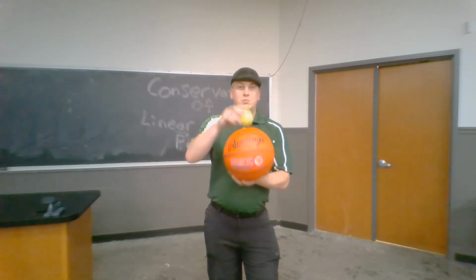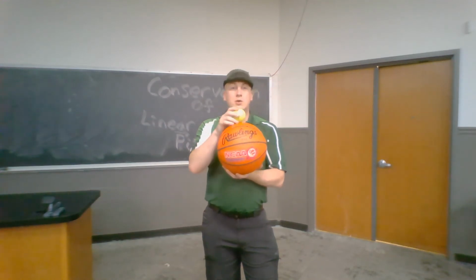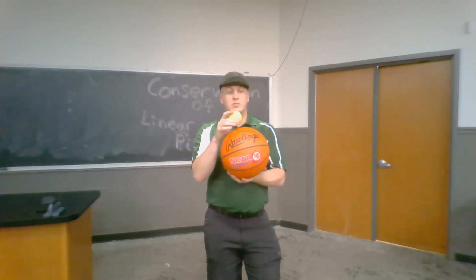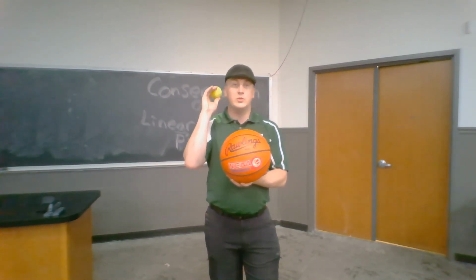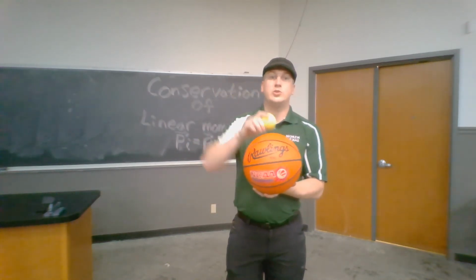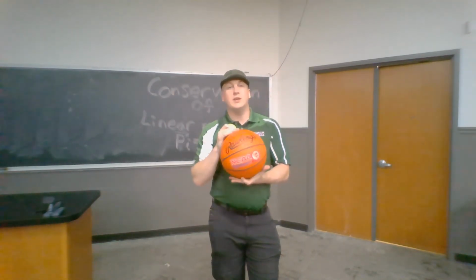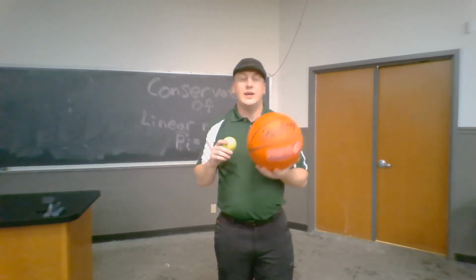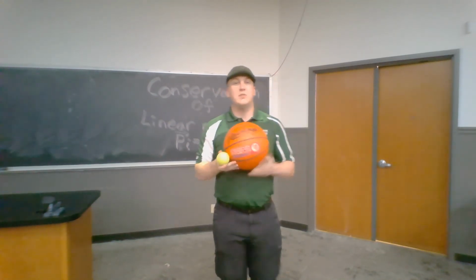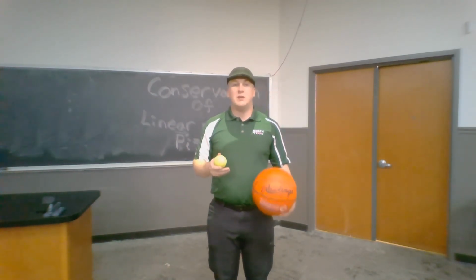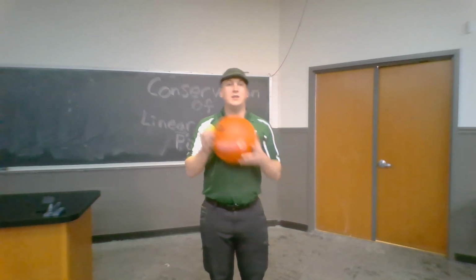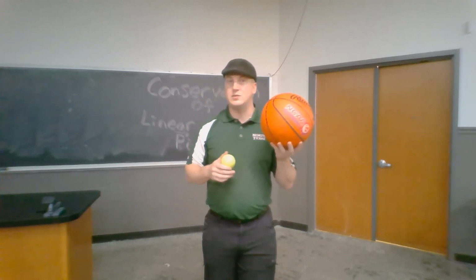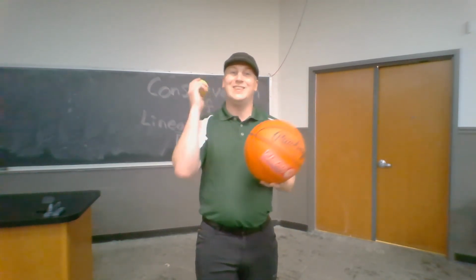So when these two balls collide, most of the velocity will go into the tennis ball, which will shoot it up to a high velocity and a great height, compared to the basketball, which will change slightly, but not terribly drastically. So instead of it coming back to about my waist, it might come back to my thigh. That's because the basketball is much more massive and moving with much more velocity than the tennis ball initially.